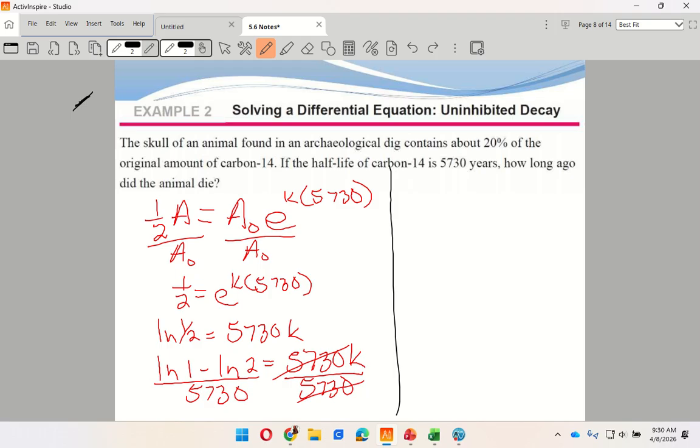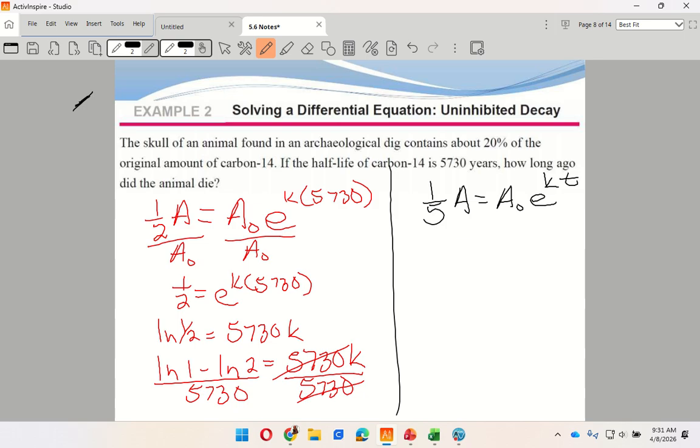So it'd be 1/5. So it's 1/5 what? A, very good, right? 1/5 A, because that's how much I have left, equals A sub naught, right? And then e^(kt).